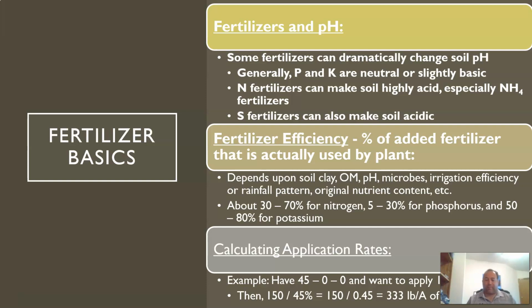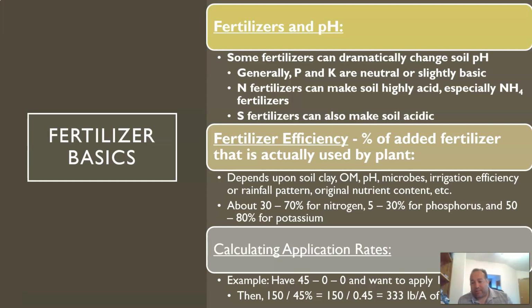Right down here at the bottom, got a quick example of calculating application rates. So if I say something like I have an NPK and it's 45, 0, and 0, and I want to apply 150 pounds per acre of pure nitrogen, that means nitrogen's the element I want to focus on. So I'm going to look at that 45 there. I've got to remember, that's 45% nitrogen.